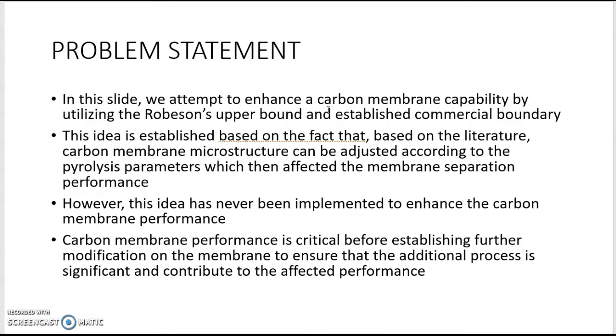So the theory says that improving both simultaneously is very difficult. So in this work, I'm trying to improve both performances by using the Robeson upper bound mapping. I will map all the performance on the Robeson upper bound, and from that I will select which one is the best, and I will proceed to the next optimization.